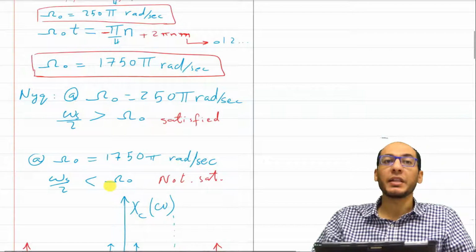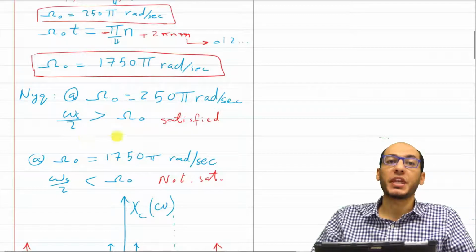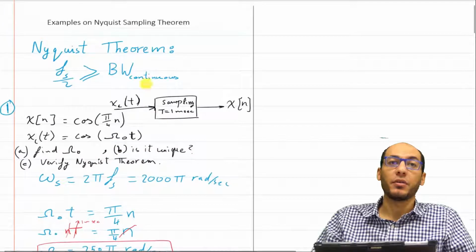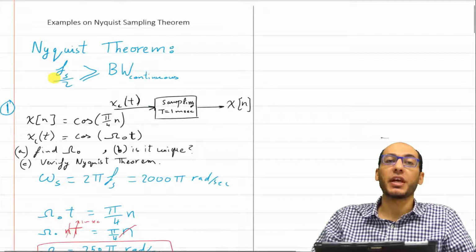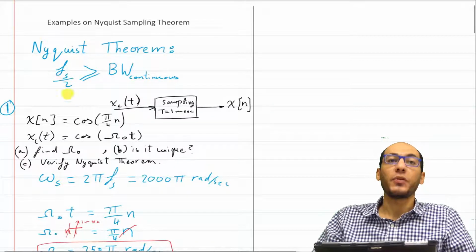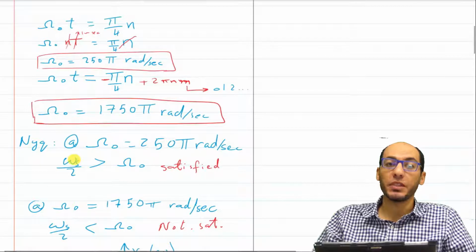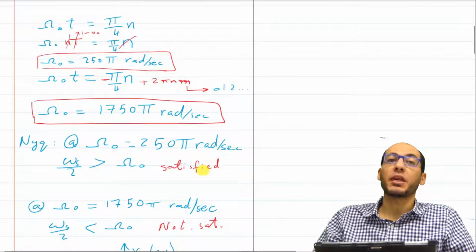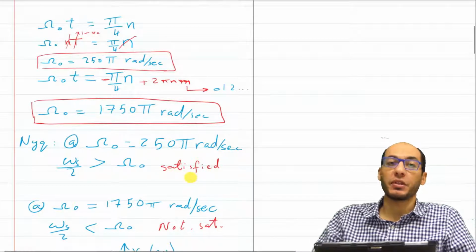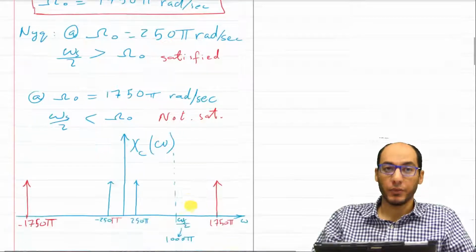And that's the efficiency of the Nyquist sampling theorem that we had here. It tells us whether the signal can be reconstructed or not. If omega naught was very small compared to the sampling frequency, then Nyquist is satisfied and you can reconstruct the signal. If not, then not.